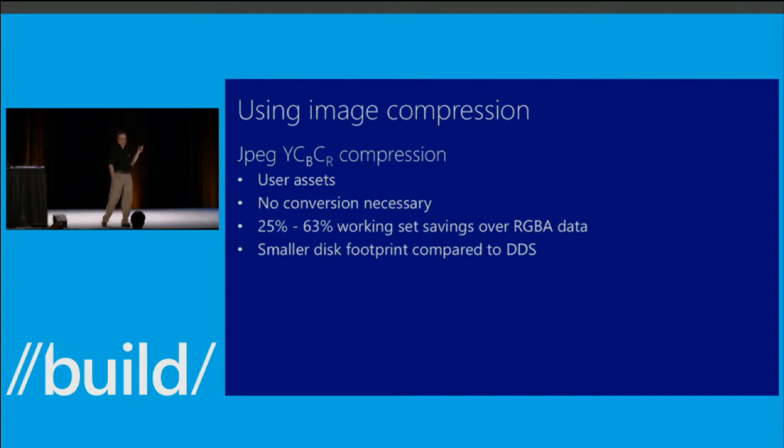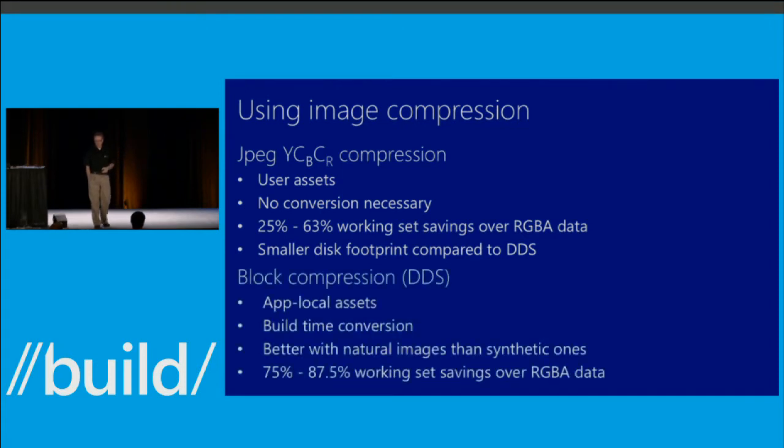It's going to give you somewhere between 25 and 63% working set savings over the RGBA data that you have today if you're using JPEGs. JPEG is definitely going to be a smaller footprint, but it's not going to give you quite the same memory savings that you're going to get from DDS.